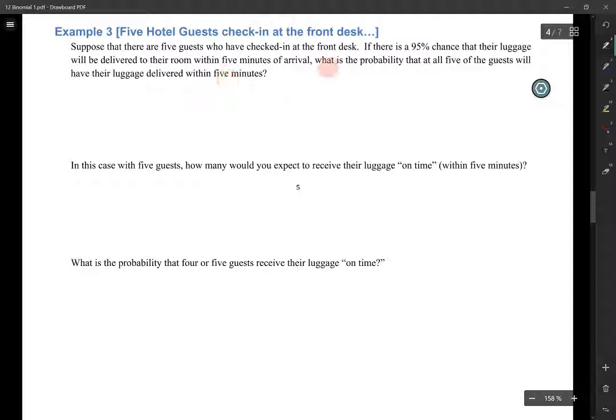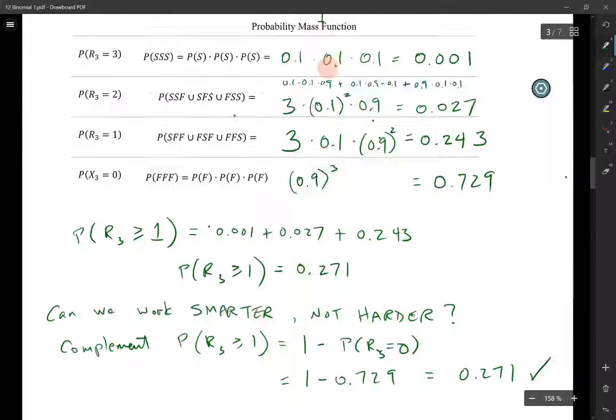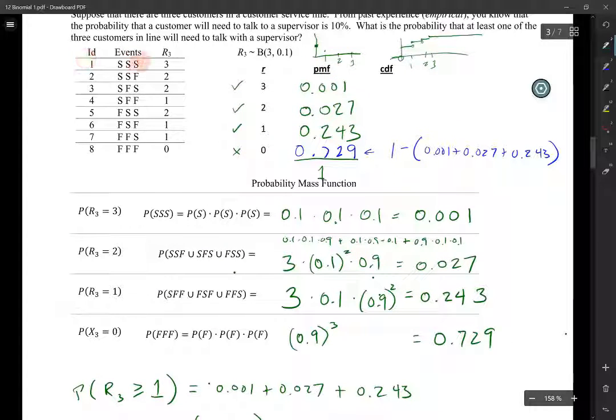But if the question is all 5, you kind of luck out, because you would otherwise have to do this for 5 guests. Instead of 2 times 2 times 2, that's 8, times 2 again would be 16, and times 2 again would be 32.